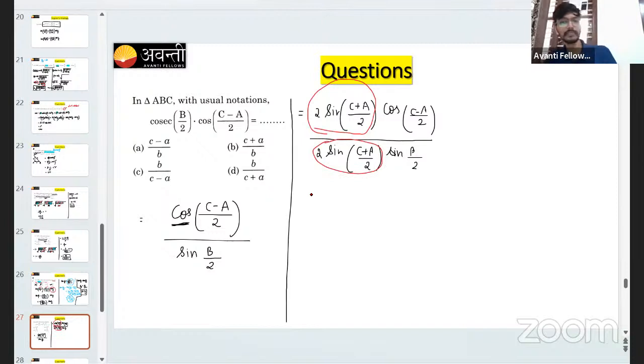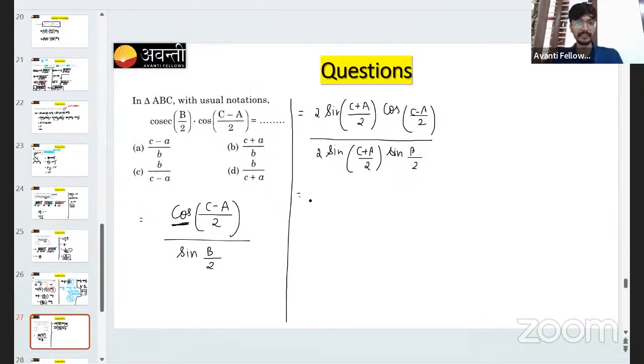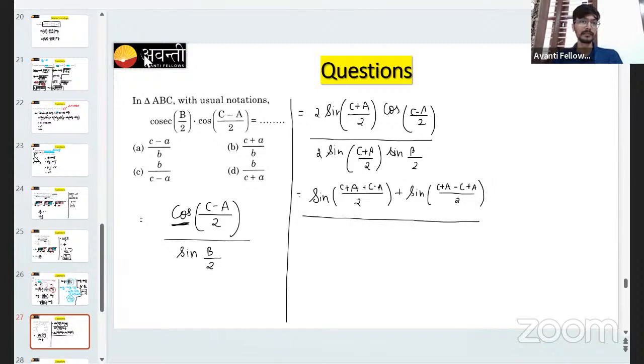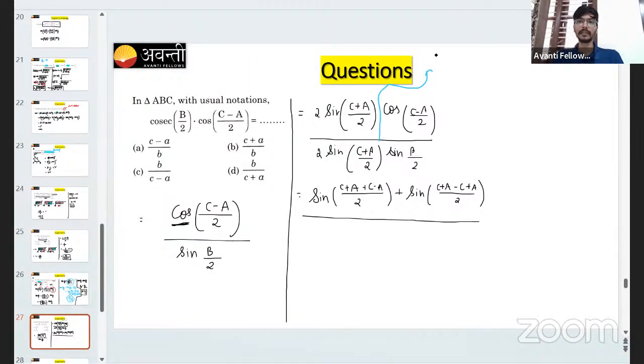Now look at what became of the numerator. In the numerator I got 2 sin cos, and by defactorization I can write sin plus sin. The angles add up in the first, while the denominator is just 2, so c plus a plus c minus a. In the second, sin plus sin, here we subtract, so c plus a minus c plus a. In the denominator, a very interesting thing: we are in a triangle, so a plus b plus c is equal to pi.